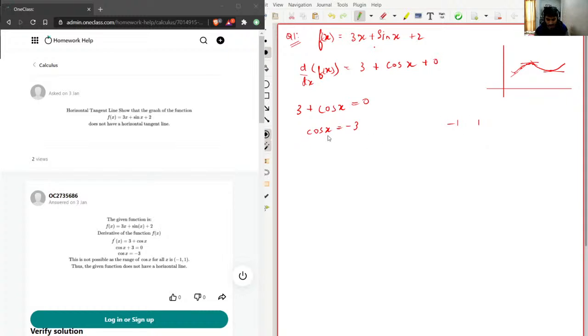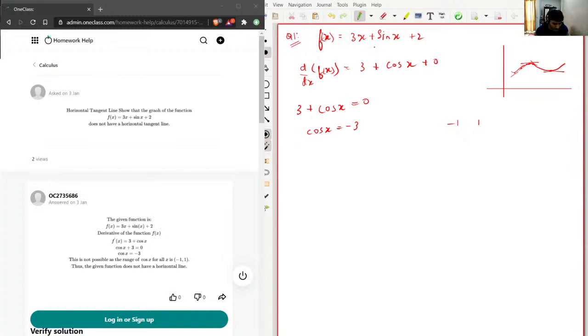But in this case we are getting cosine as -3, and this is not possible obviously, because it is out of the range of cosine. So we can say that for no value of x can this condition be satisfied. So basically there is no horizontal tangent line.